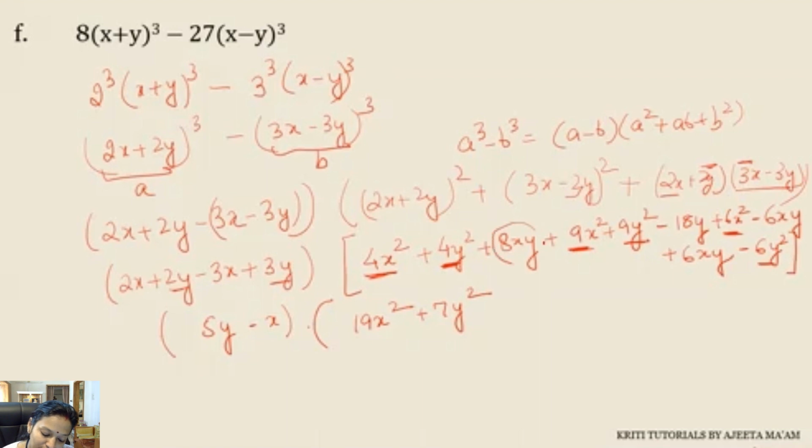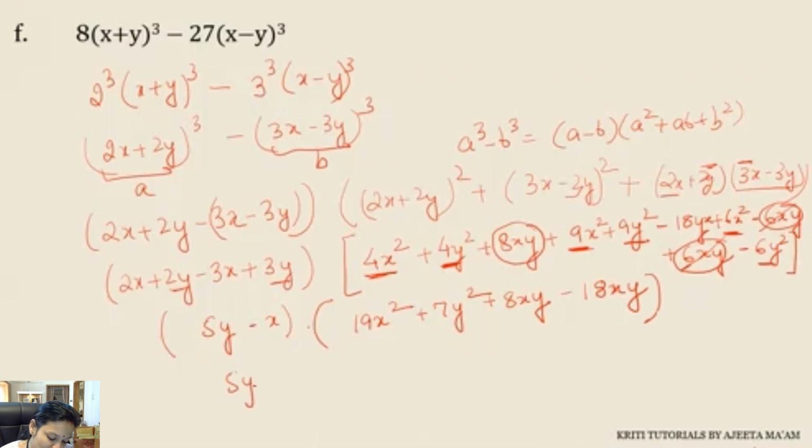Just move with the terms. Now we have 8xy minus 6xy and plus 6xy. So these two will get cut. So we have only one term left, 8xy. Now we have the next term, minus 18xy. Correct? Just check here, it should be xy. Now all terms are used. Now let's solve it again.